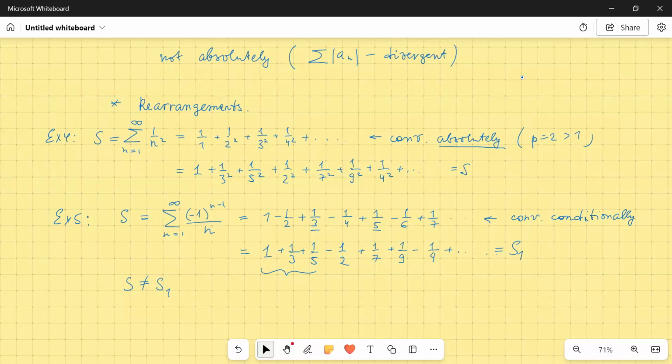But if your sum has infinitely many terms, infinity is like a very, very deep pit from where you can pull anything you like. Infinity is very tricky, and that's the reason why we can, by rearrangement, make it converge to a different number. So typically a question about convergence is going to ask whether the series is convergent absolutely or conditionally.